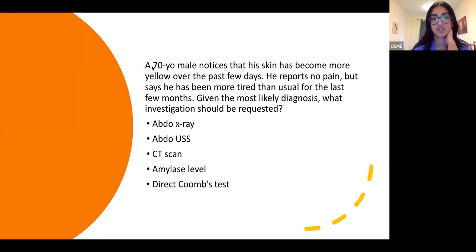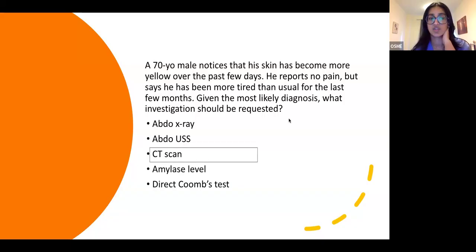So starting off with the demographic of the patient. So they are a 70-year-old male, so quite old, which increases your risk of various pathologies like cancers. Skin has become more yellow, so jaundice. No pain, so it's a painless jaundice, but they have been feeling more tired.